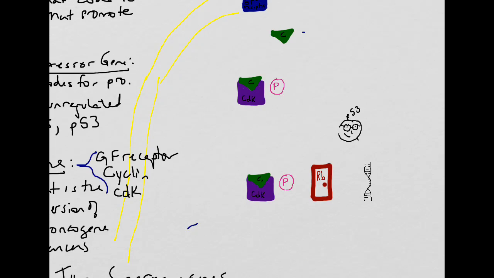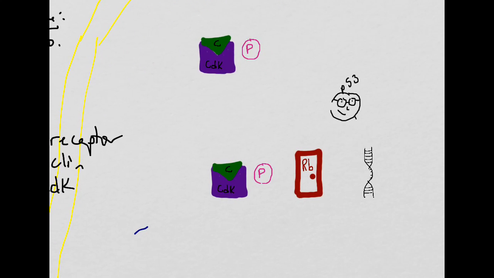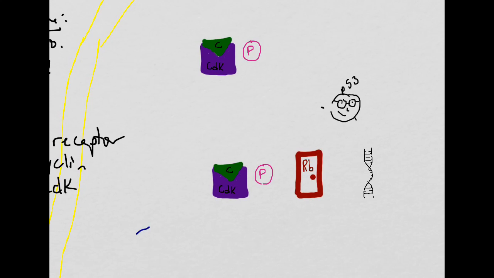Okay, so I damaged my DNA. Remember, P53's job is to find damaged DNA. And normally, he would go in there and he would block the door. He's a deadbolt on the door so that CDK can't phosphorylate it and we won't copy DNA. But now, P53 is looking the other way. He's mutated. The tumor suppressor gene has been mutated, so he doesn't work properly.